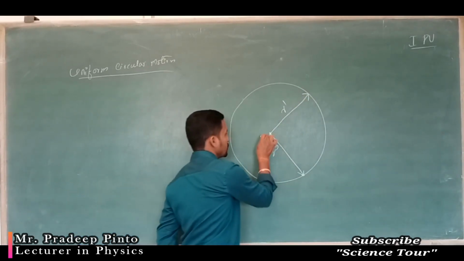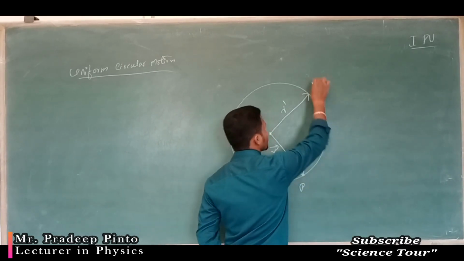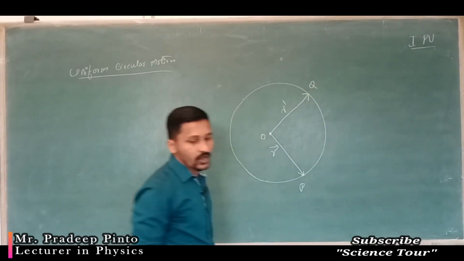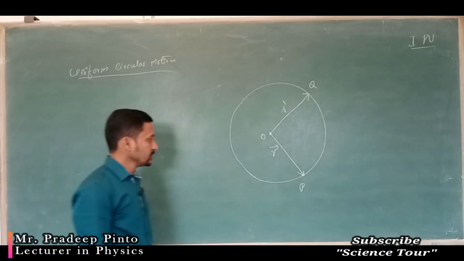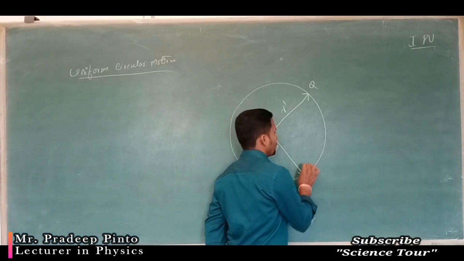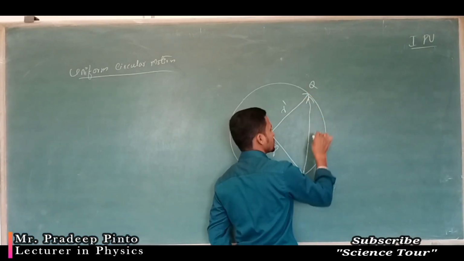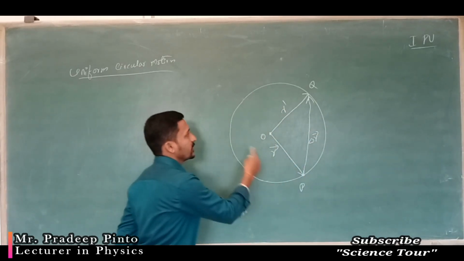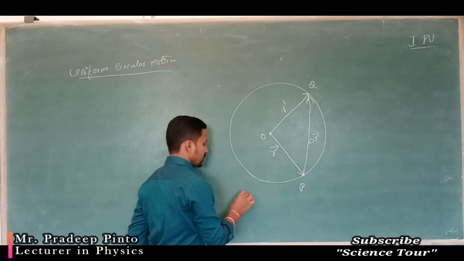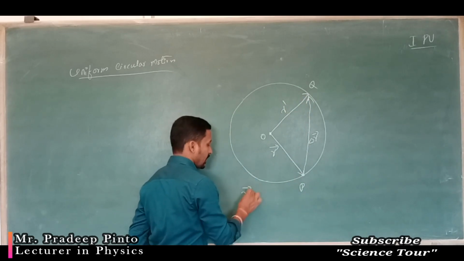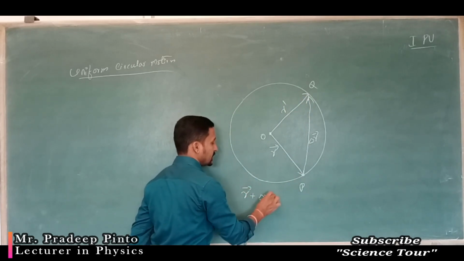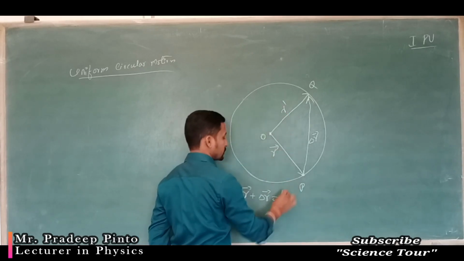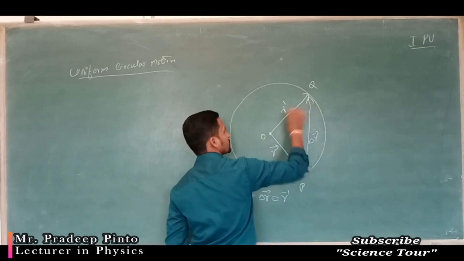This is O, this is P, this is Q. From P to Q that object is moving. This becomes delta R. According to the triangle law of vector addition, how can we write it? R vector plus delta R equals R dash, no?